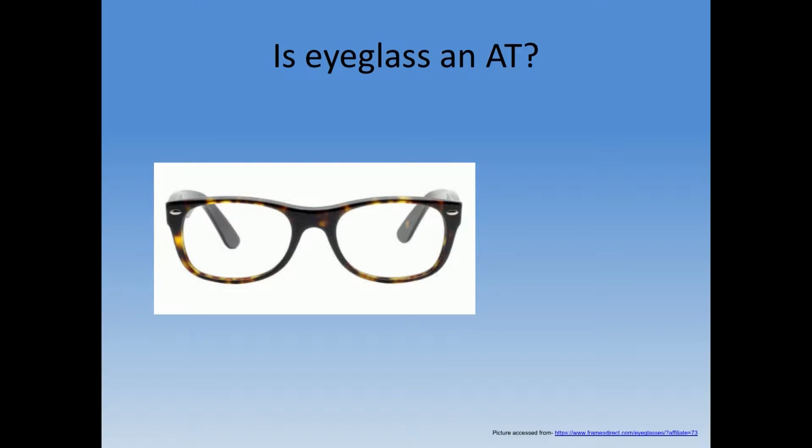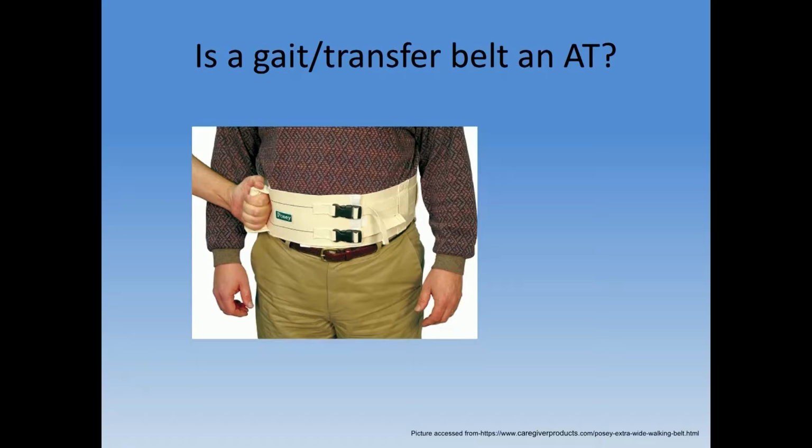Okay, what about this? Is this an assistive technology device? Yes, yes, yes. And that is the most simple, common, popular form of assistive device that will fit the definition, okay? How about a gait or transfer belt? It's basically tied around the waist for our patients in inpatient, outpatient clinics to help transfer them.